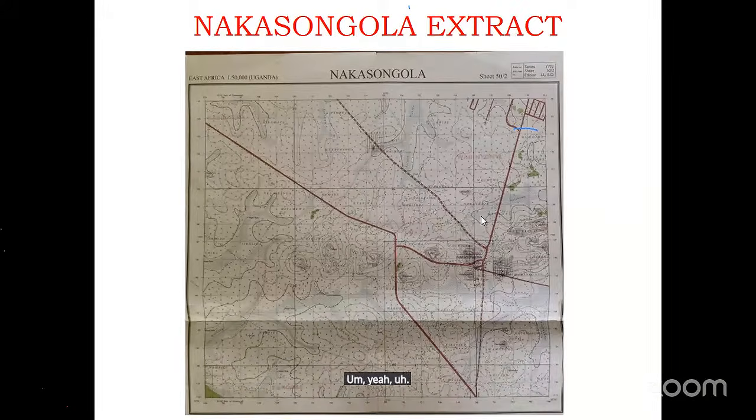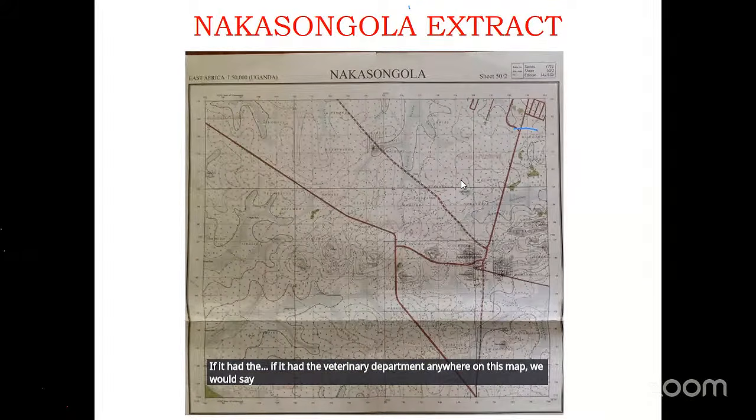If this map had a plantation anywhere, we would say crop growing. If it had the veterinary department anywhere on this map, we would say livestock rearing.